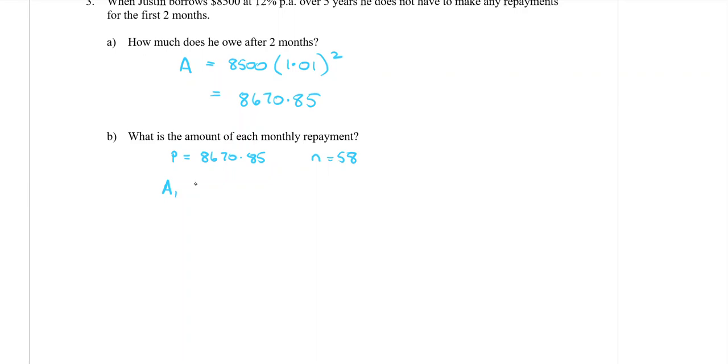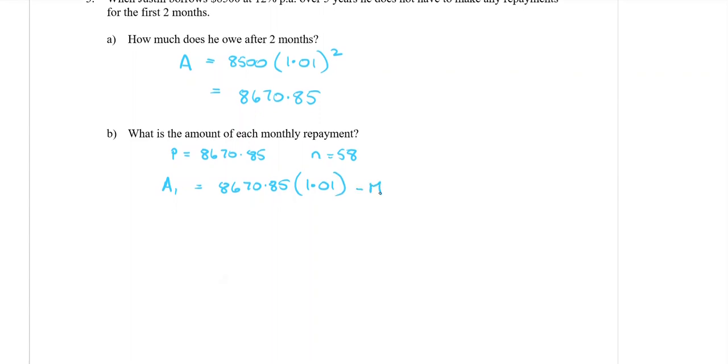Okay, so using my process, I start the month owing $8,670.85. I get charged interest at 1.01, and then I make a repayment. So I subtract off an M. Moving on to A2. I start with 8,670.85.